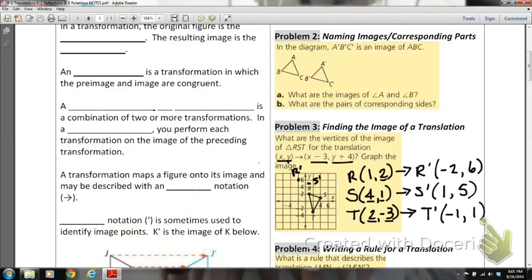Be careful to note that the scale on this graph is going by 2s. Connect the points to make it the vertices of the triangle. And there is our resulting image. So we have translated triangle RST, which maps onto triangle R prime, S prime, T prime.